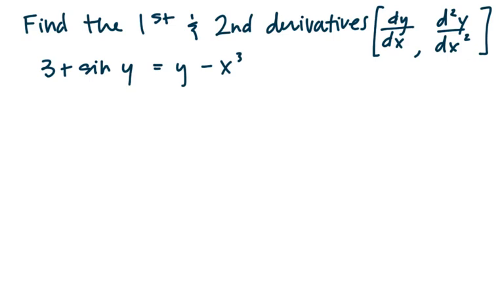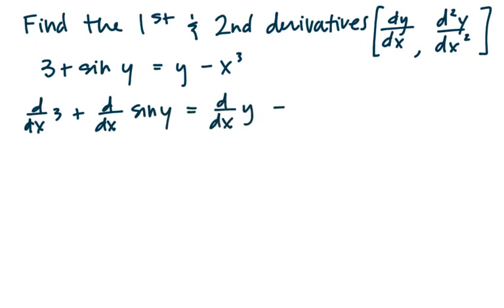Okay, so we're going to find the first derivative, and we're going to differentiate with respect to x. So d dx of 3 plus d dx of sine y equals d dx of y minus d dx of x cubed. Taking the derivative of each term, the derivative of 3 is 0 because the derivative of a constant is 0.